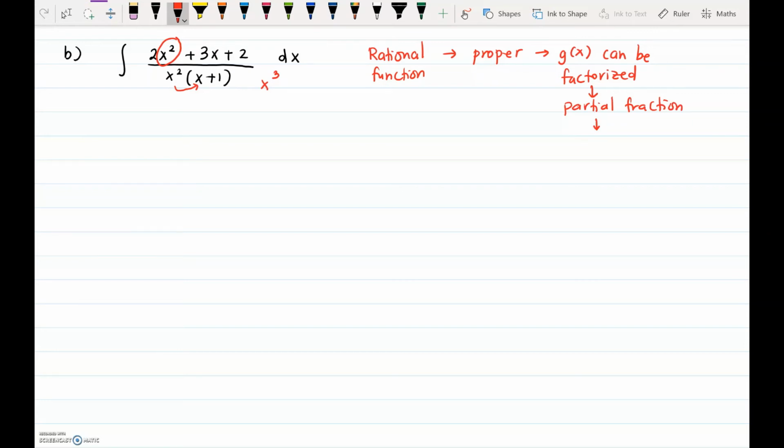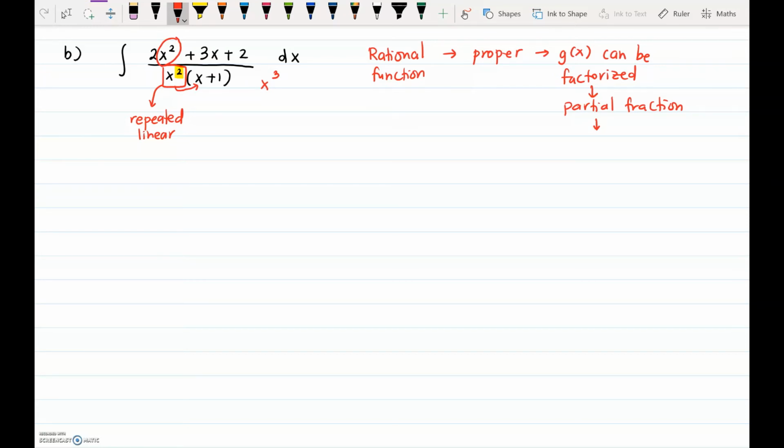So let's see here. We have x squared. Look here, we have a square, power of 2. That means the first one is a repeated linear factor, that is case 2, x times x.